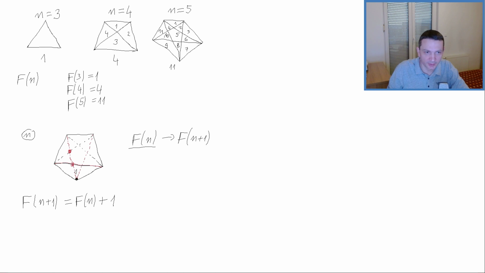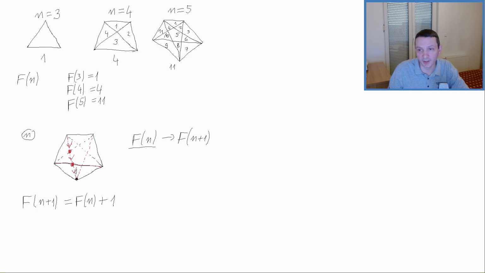This one diagonal here has 2 intersection points with previous diagonals, and that will lead to 3 new areas. So this one here is divided in 2 parts, this one here is divided in 2 parts, and this one here is divided in new parts.